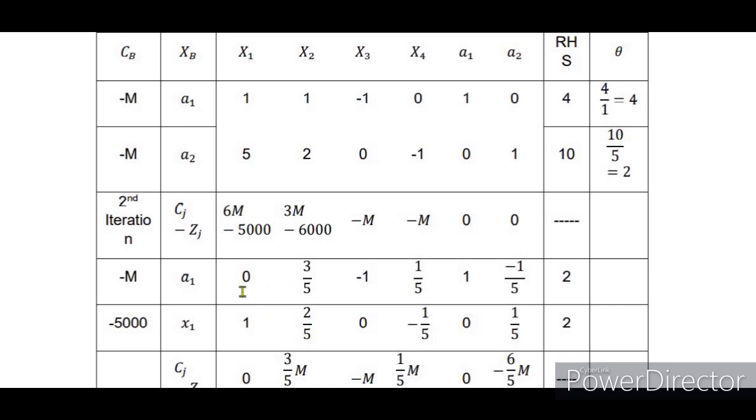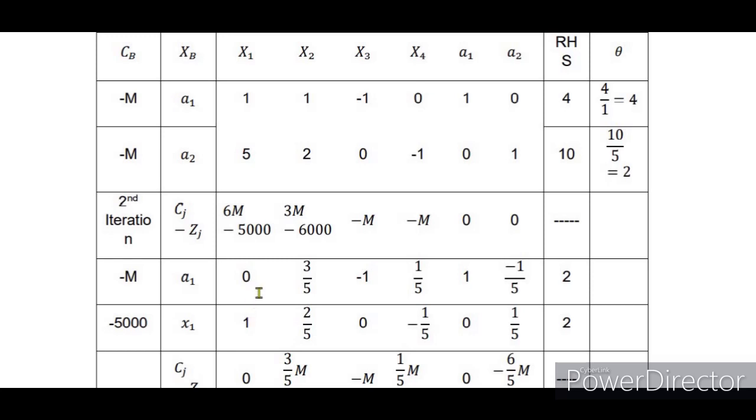So to do that, what should be the value that we will use to multiply each element along x sub 1 and subtract from the previous elements along a sub 1, so that the value here is equal to 0, because we are going to make an identity property.